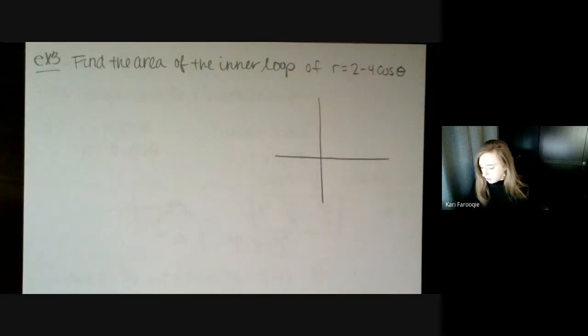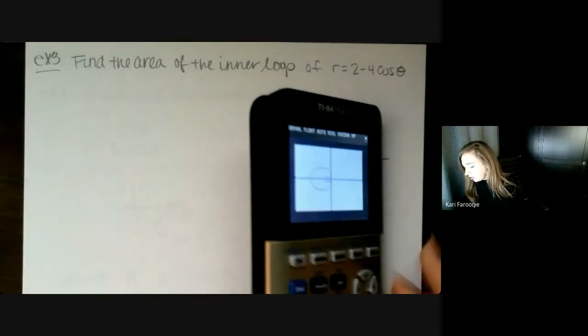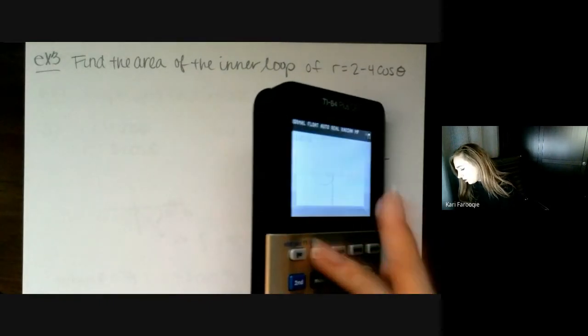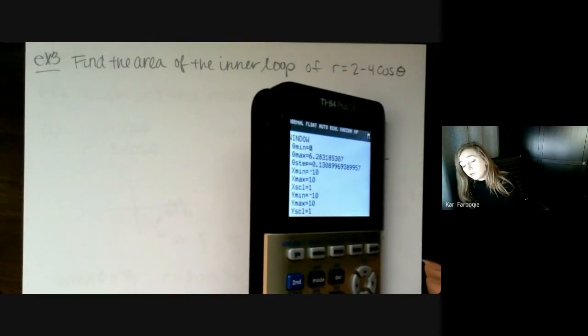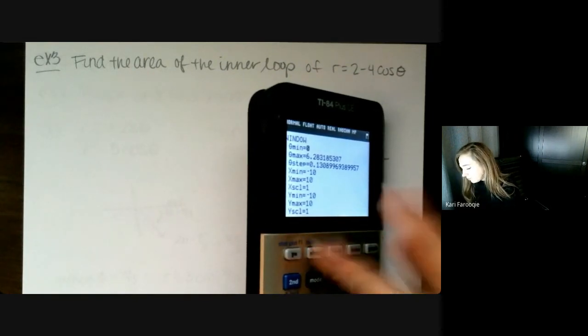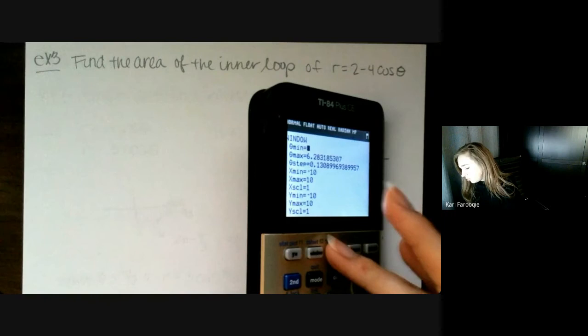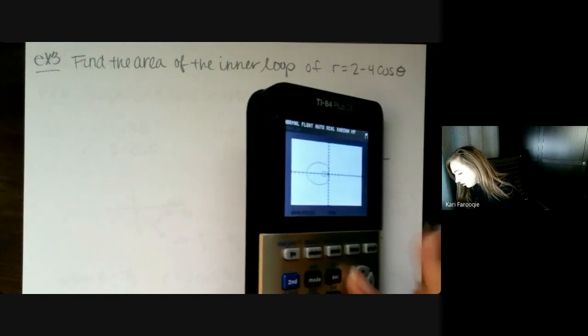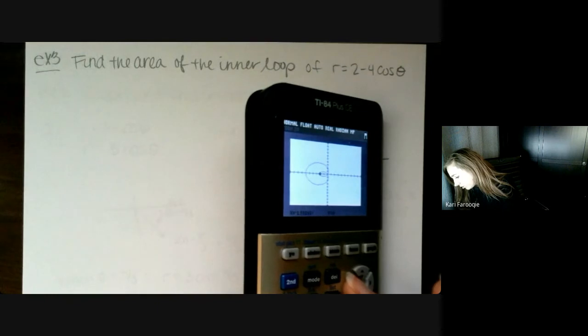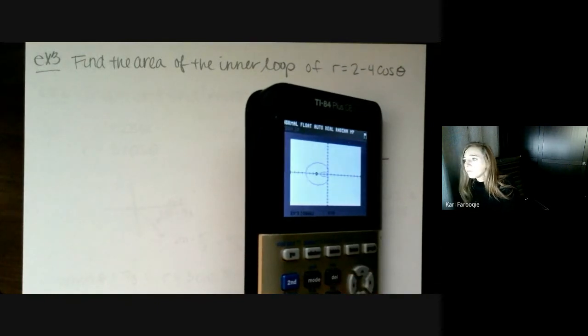By the way, it might be helpful to see where this started. So I might zoom it in a little bit. And our window is going from 0 to 2 pi, and it graphed one time. So maybe I'll just zoom this in a little bit. It might end up being too big for the screen, but I'm going to center it here in the center of the region. Yeah, it is a little too big.